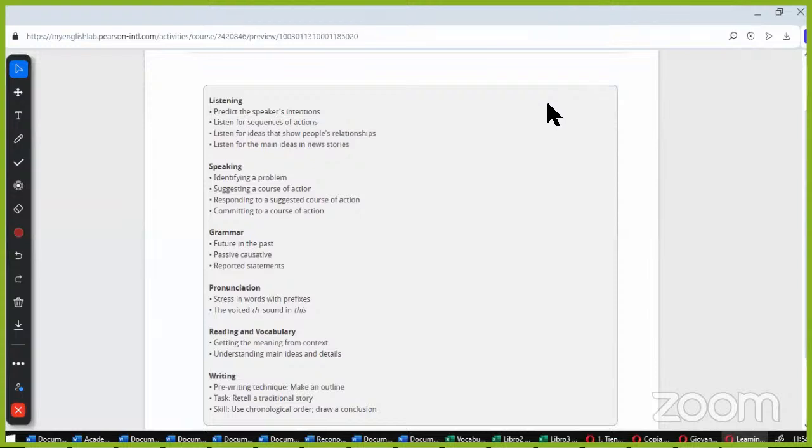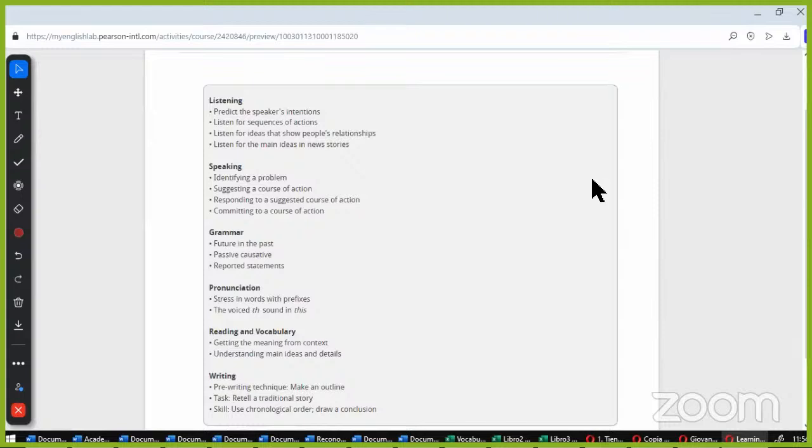Let's please read. Listening. Predict the speaker's intentions. Listen for sequences of actions.